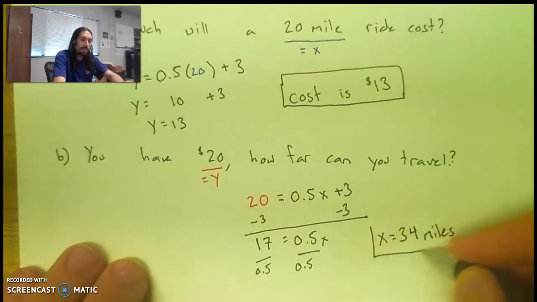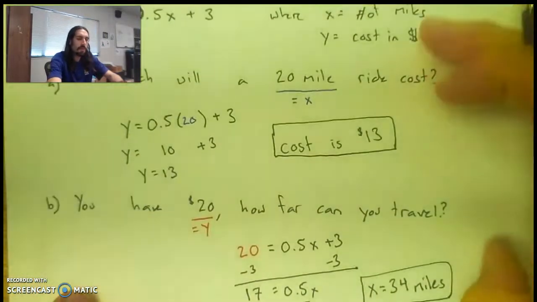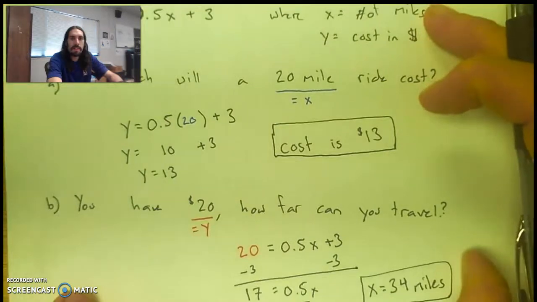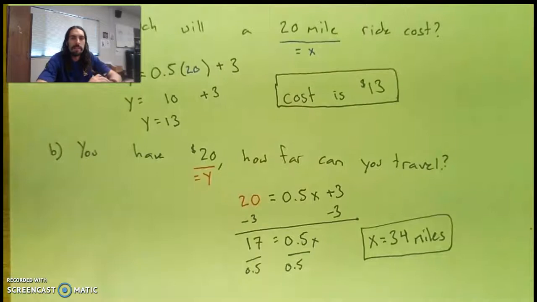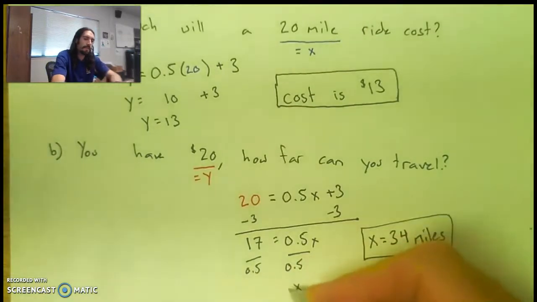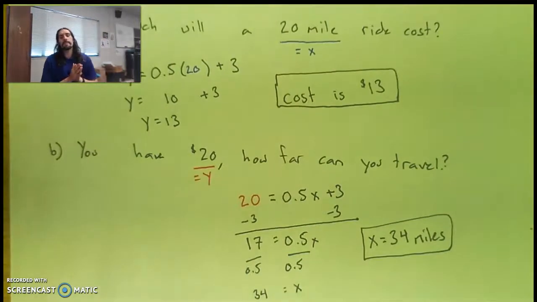So the distance we can travel is going to be 34 miles. I know those are the right units because I was getting x by itself. So in both of those cases, we had the formula and we were using that to make a prediction for one of our other two variables.